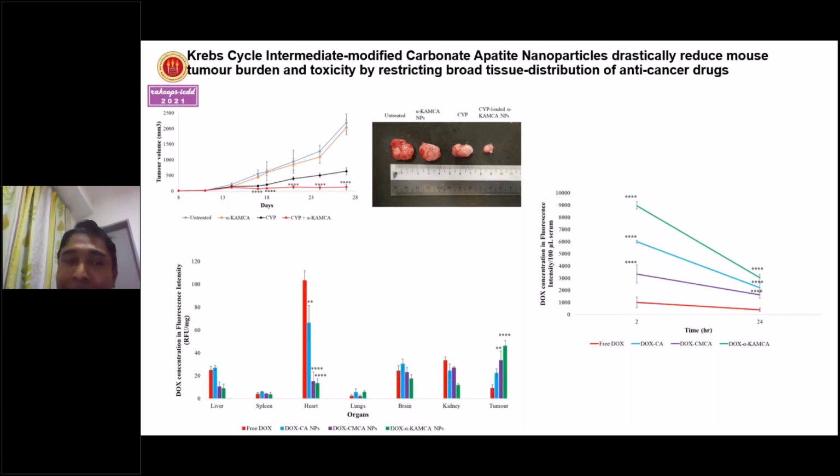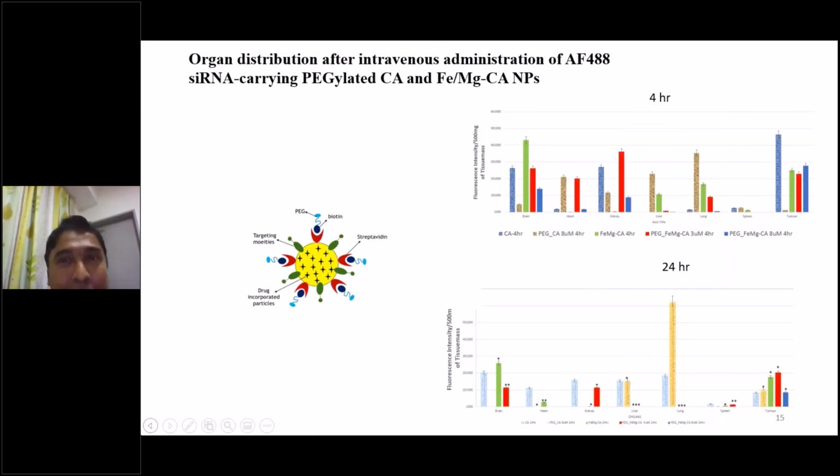But using nanoparticles, you can see that it can prevent heart muscle uptake, so paving a new area of exploration in the clinical trials. I have a time limitation, so I will go a bit faster.